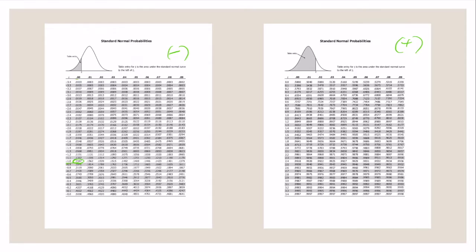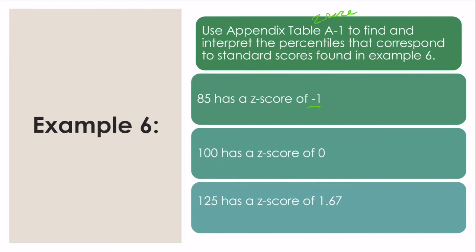I'm going to take that back, and that means if I have a z-table value of 0.1587, I can multiply that by 100 to get 15.87%, which is about 16%.